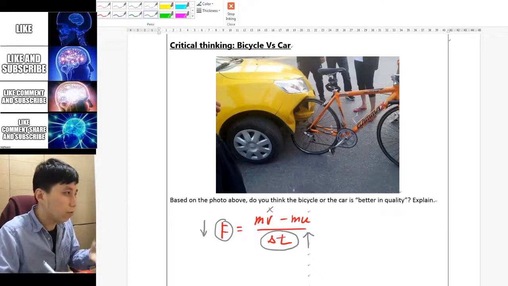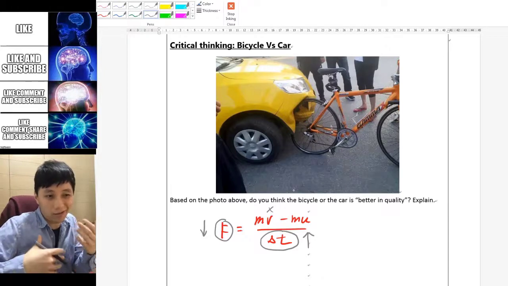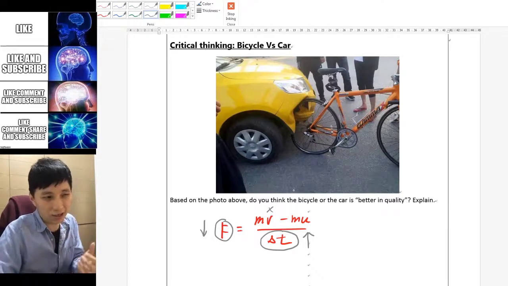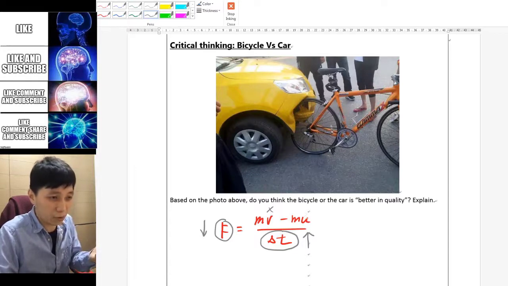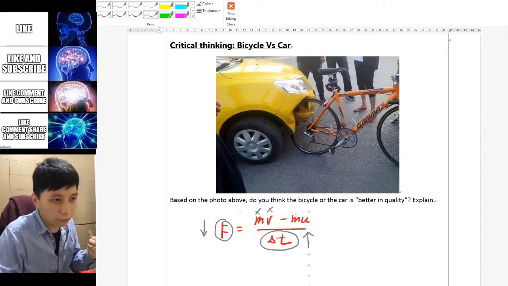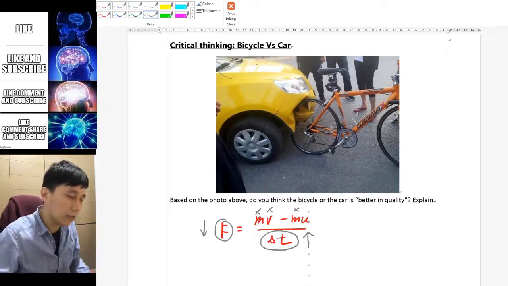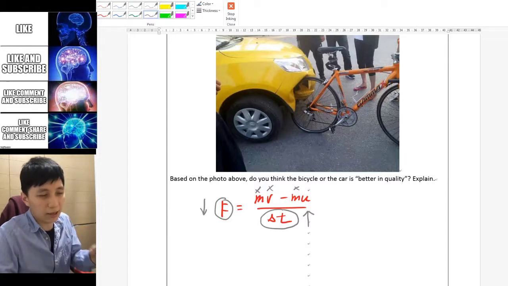And for the initial speed, I mean, you can change it, but then you can't change it suddenly in a car crash. And so we try to get the tolerance as high as possible, of course. As for the mass, of course, you can't change it during the impact as well. So that is why the only thing that we can do probably is delta t when we design a car.